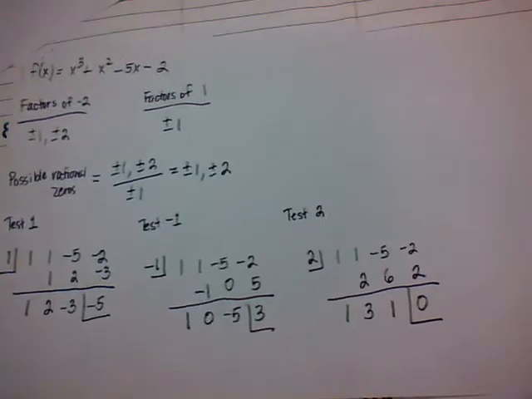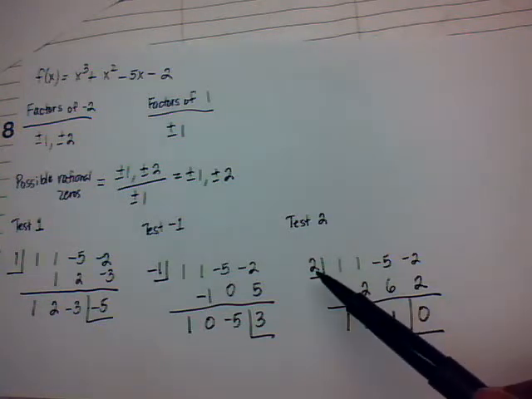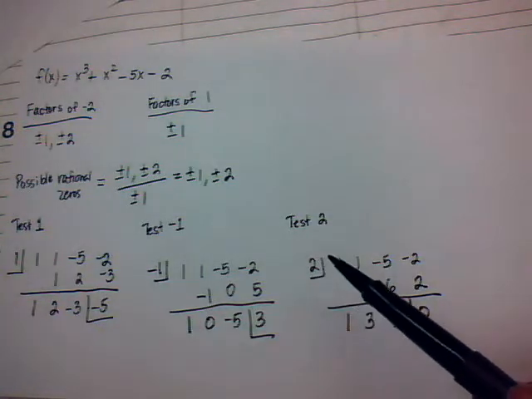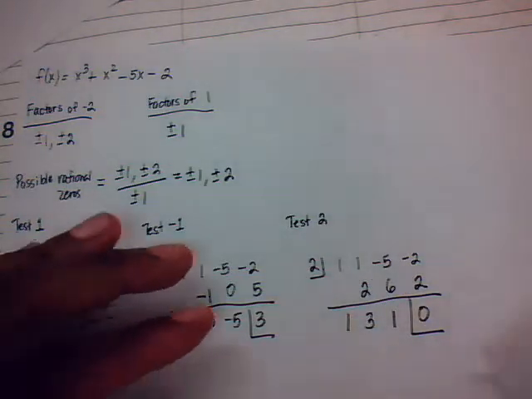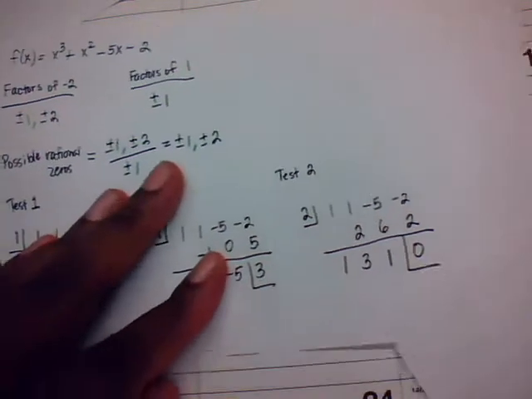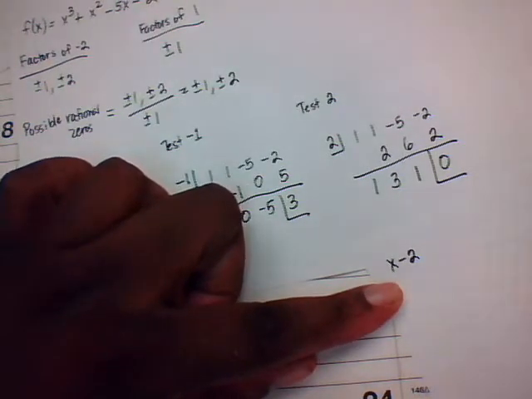Finally, we have a number that is a 0 of this particular function. So here, because I got a remainder of 0, that means that 2 is a 0 of this particular function. So I know one of the factors, because of the form x minus c, would be x minus 2.